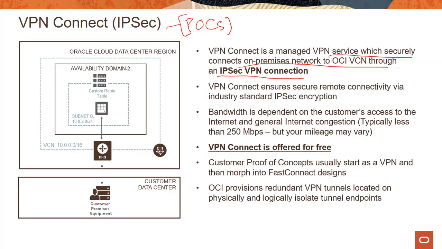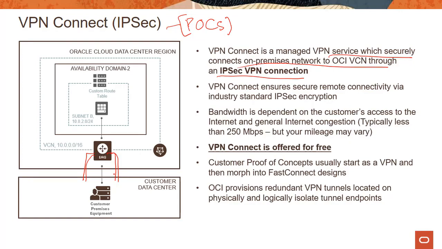Now, an important thing to keep in mind: OCI provisions redundant VPN tunnels located on physically and logically isolated tunnel endpoints. So coming out of the DRG, you get two different tunnels, and we manage those tunnels on physically and logically redundant hardware. It's not like the tunnels are running on the same hardware and if the hardware goes down, the tunnels go down.